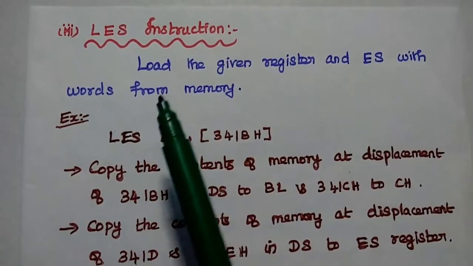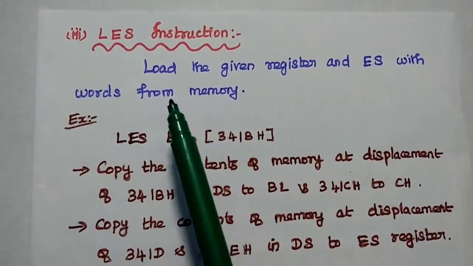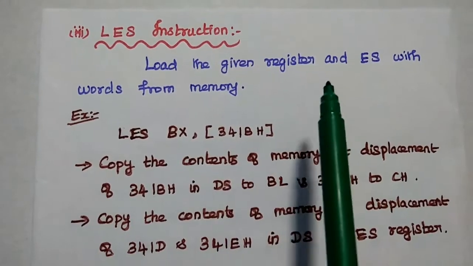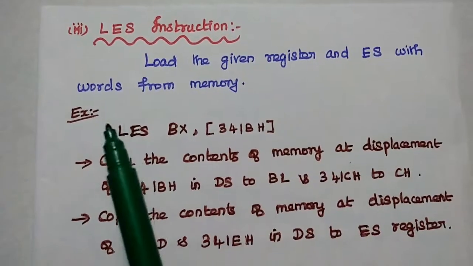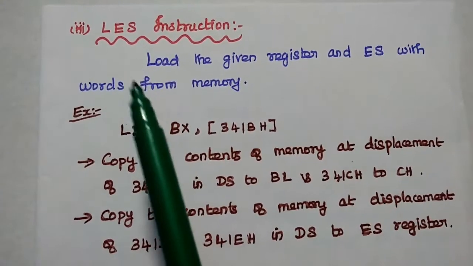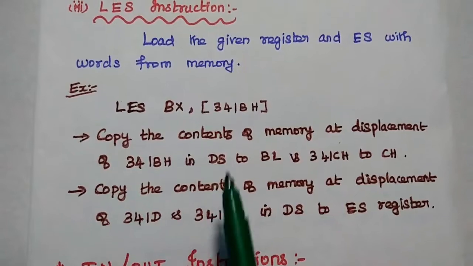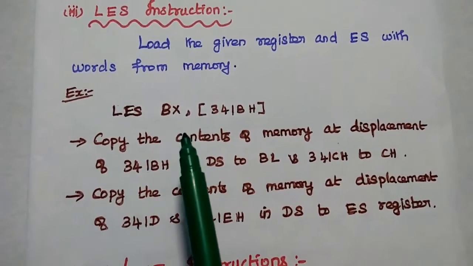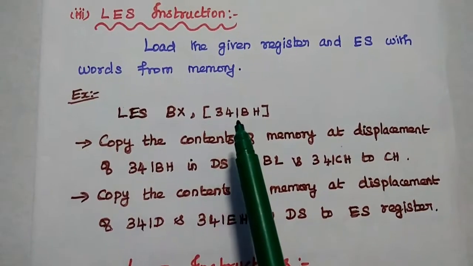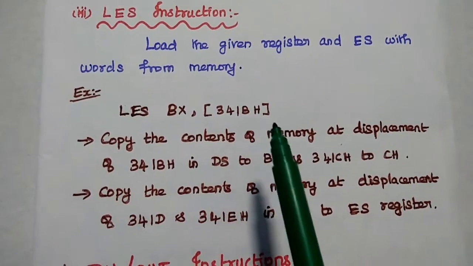Next one is the LES instruction, that is load the given register and extra segment with the words from memory. ES represents extra segment. Here the example is LES, the given register is BX and the memory location is 341BH.